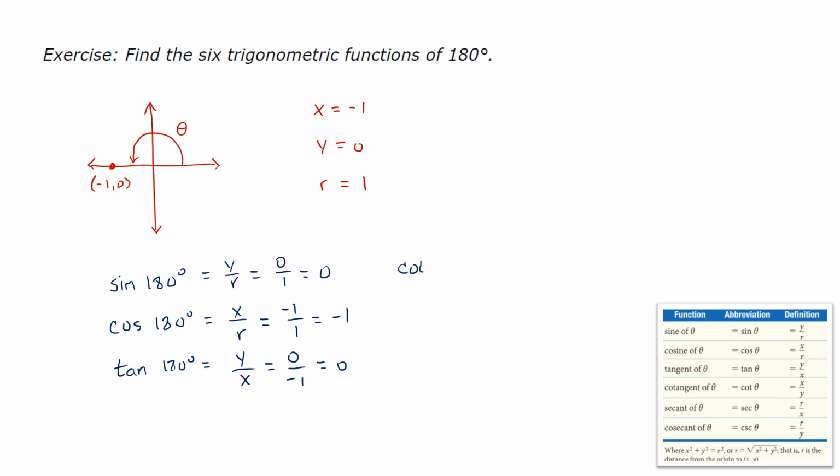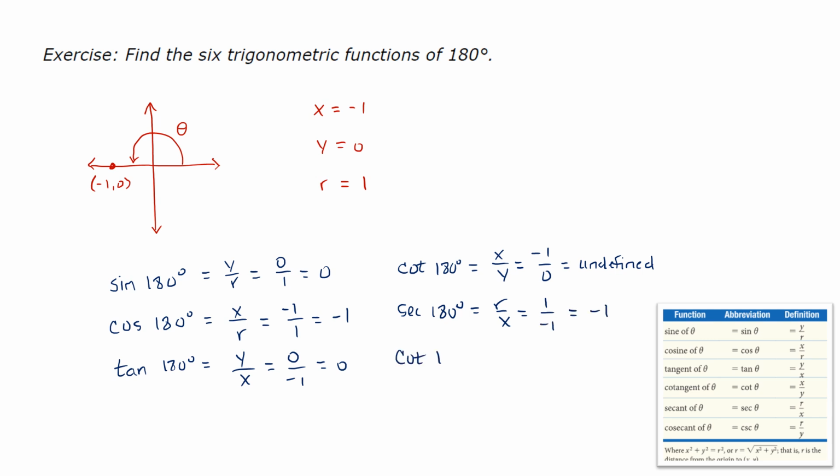The cotangent of 180 degrees is x over y, which is -1 over 0. Any value divided by 0 is undefined. All right, the next one is secant of 180 degrees is r over x, which is 1 over -1, which equals -1.